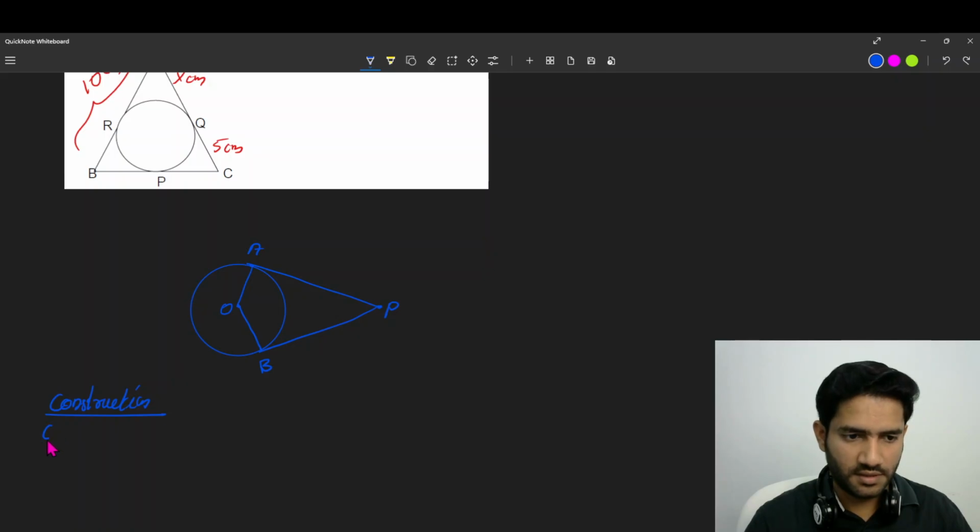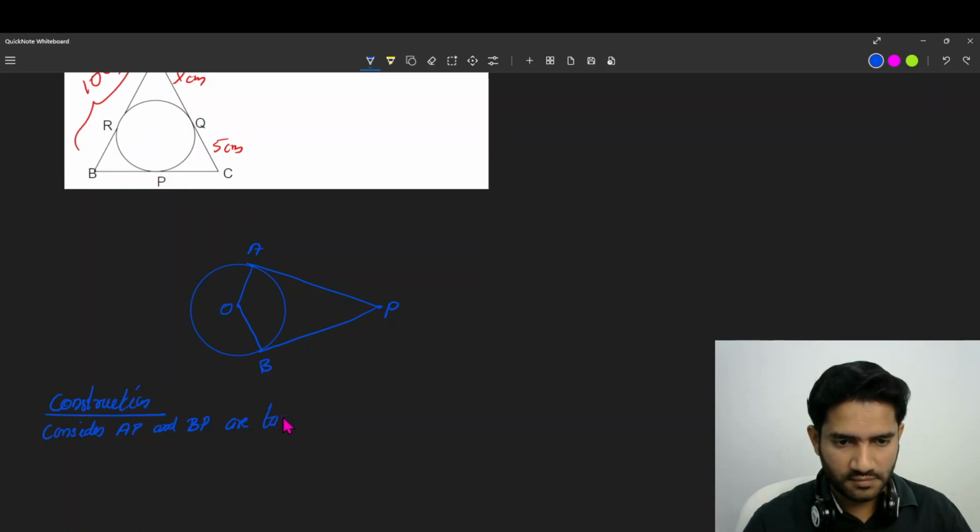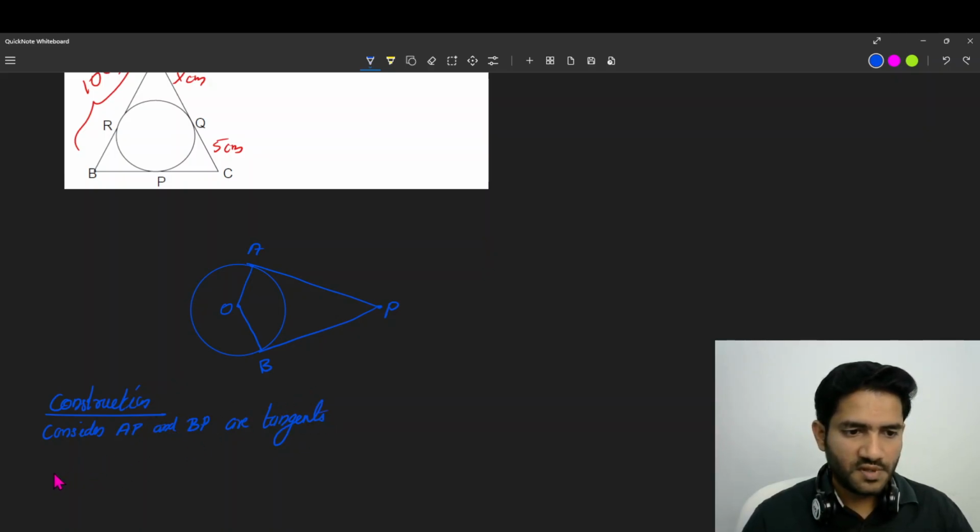Consider AP and BP as tangents. Then join OA, OB, and one more line, OP.